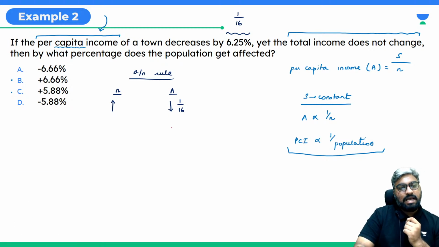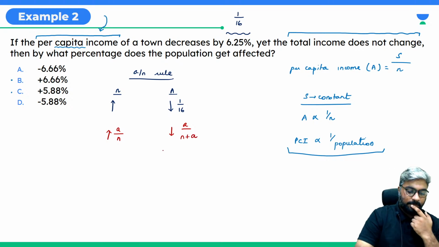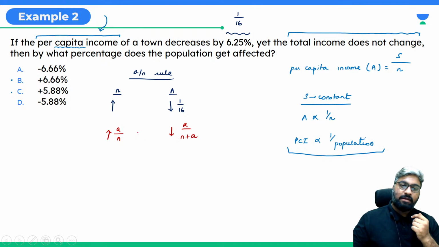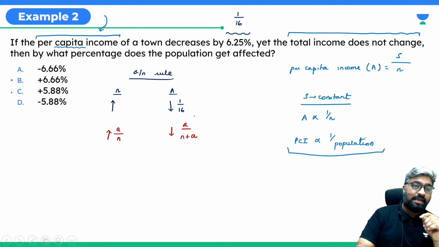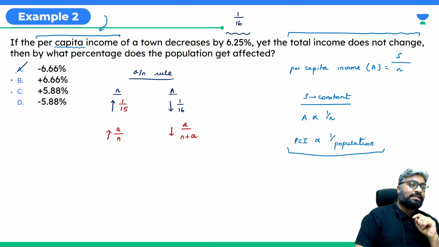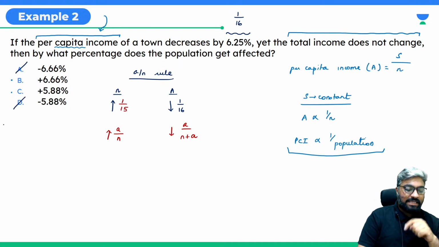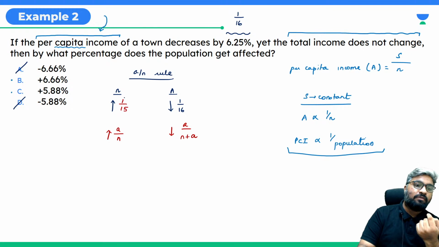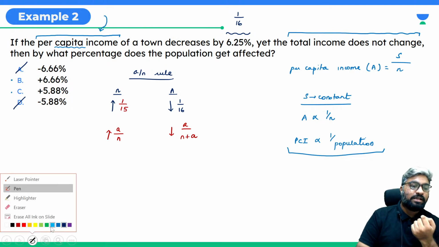If there is an A by N increase, then there should be A by N plus A decrease, correct? अगर A by N increase है तो A by N plus A decrease है. यहाँ पे A by N plus A decrease दिया है. So increase should be 1 by 15 का increase. One thing is clear कि increase है तो negative हटा दो. Negative means decrease.